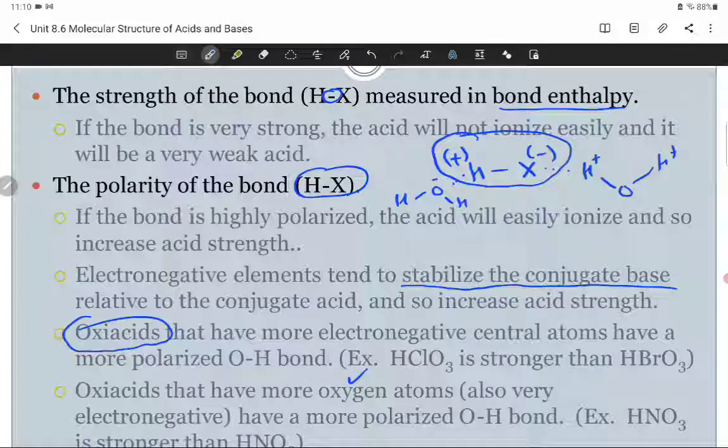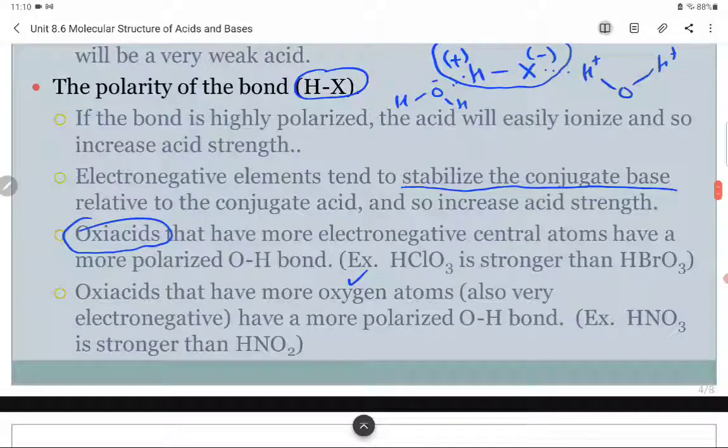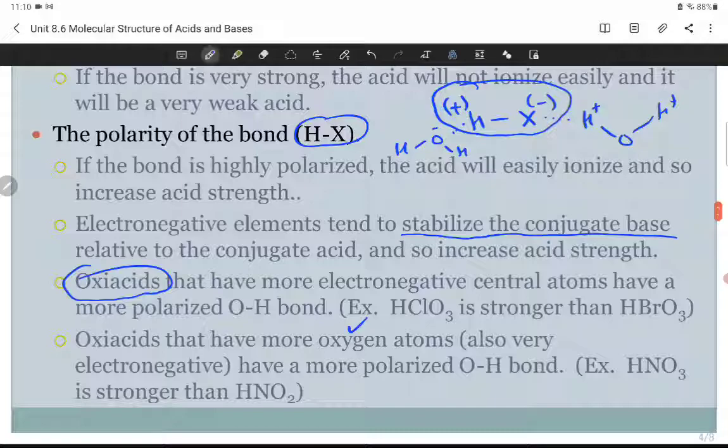So I guess we could go with nitric acid is a strong acid, and then nitrous acid, because it doesn't have as many O's, it's not as polarizable. We can't define it as a strong acid. It's a weak acid. It doesn't dissociate as easily.